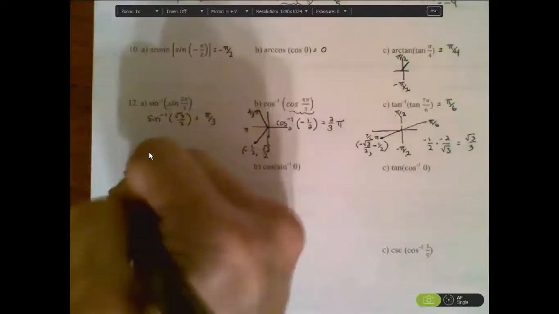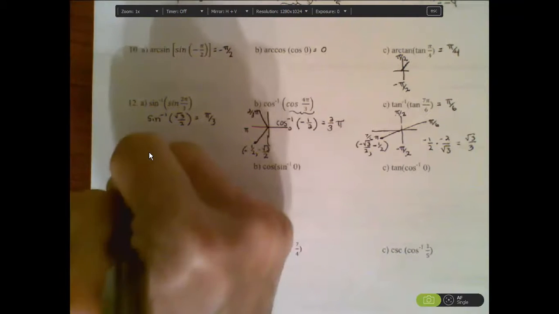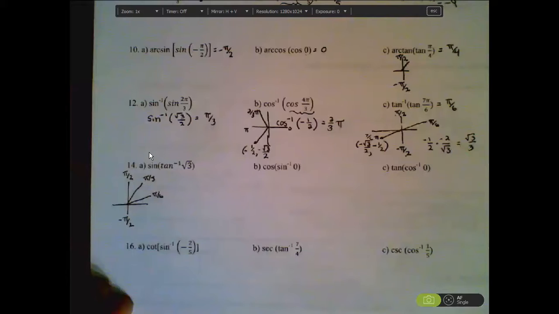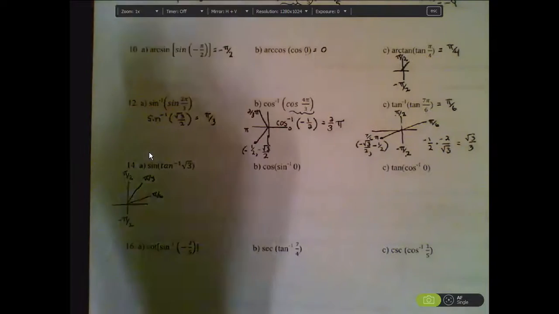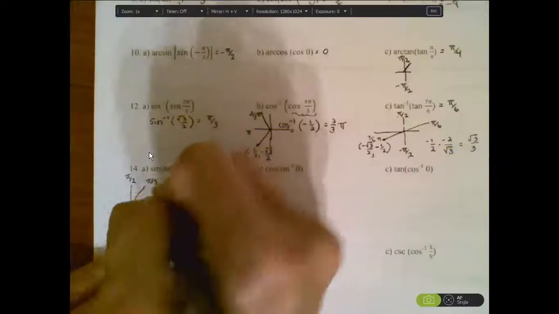I know it's either going to be pi over 6 or pi over 3. I just have to figure out which one, if I divided the y coordinate by the x coordinate, would end up with the square root of 3 on top. You may be able to squint and do that.